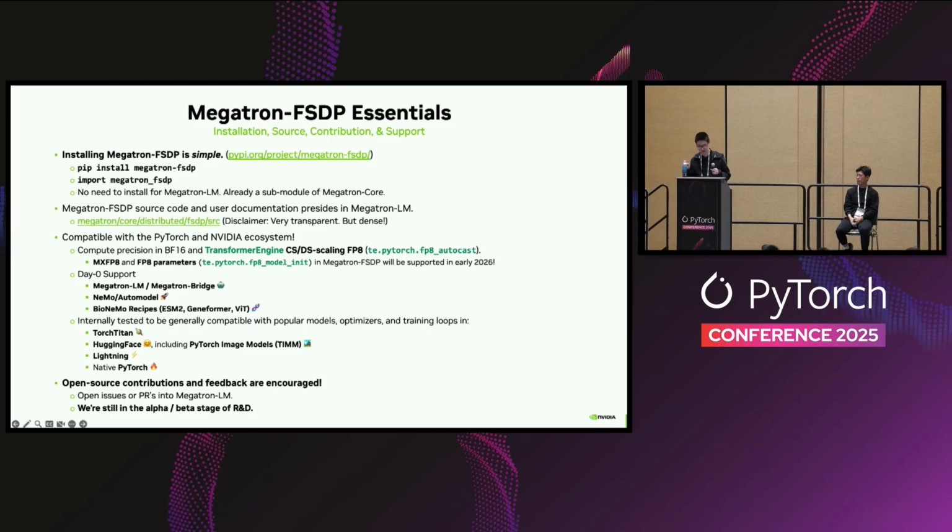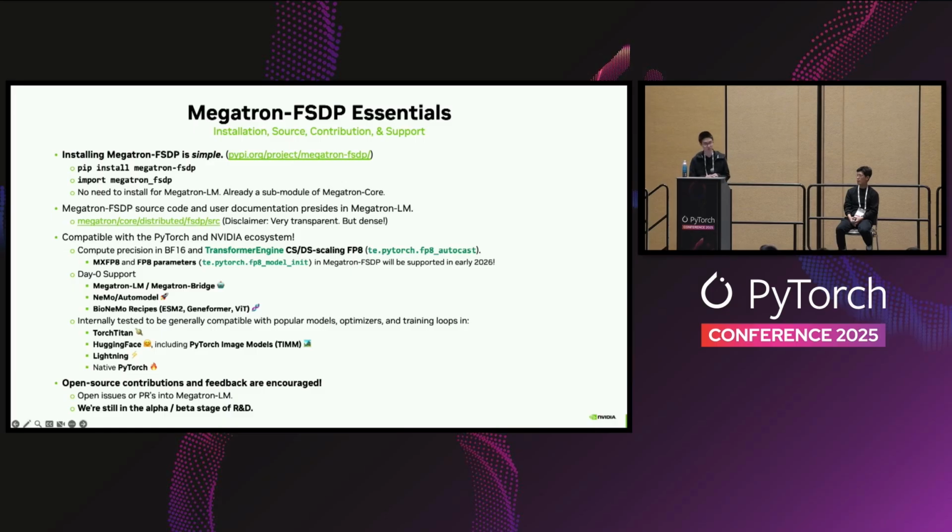And yeah, just to wrap things up, Megatron-FSDP installation is really simple. You just pip install Megatron-FSDP from PyPI. If you're already using Megatron-LM, you don't need to do anything because FSDP is already a submodule of Megatron Core. Megatron-FSDP is thoroughly integrated into the PyTorch and NVIDIA ecosystem.